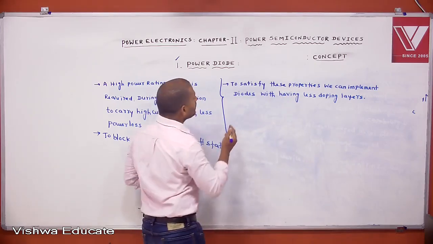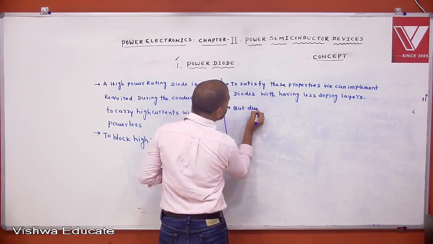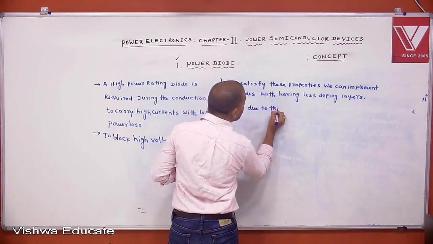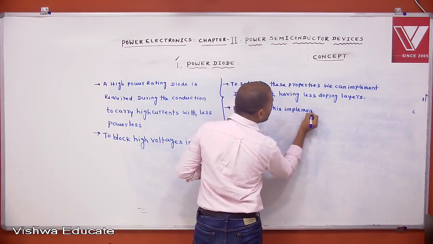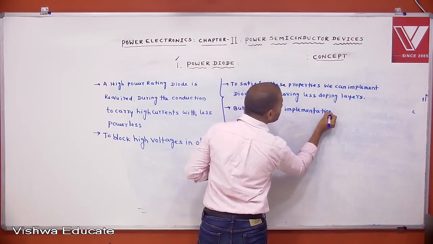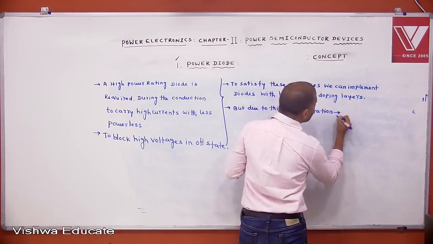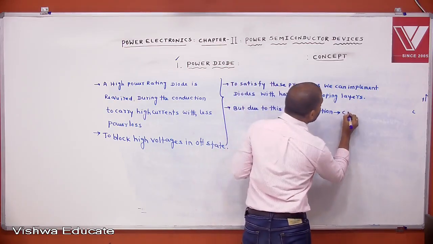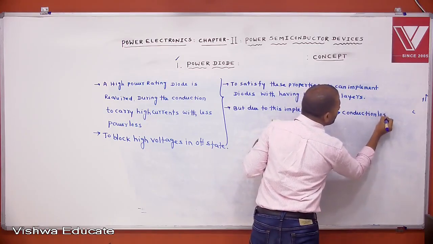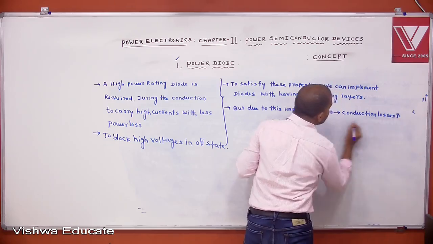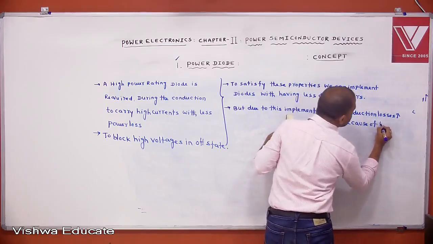But due to this implementation, what happened? Conduction losses increase because of high resistivity.